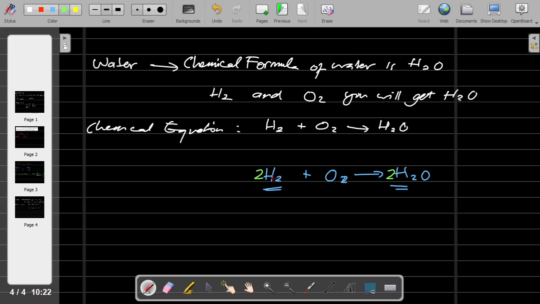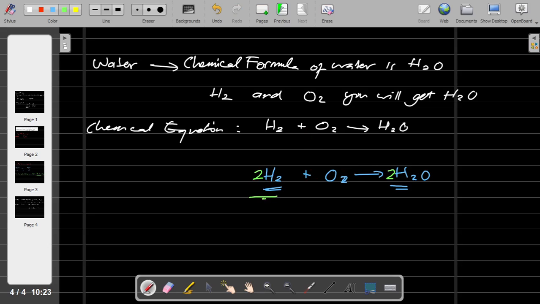So we have H2 times 2, so we have 4 hydrogen, and also on the right side we have 4 hydrogen. Let's check it before we continue.